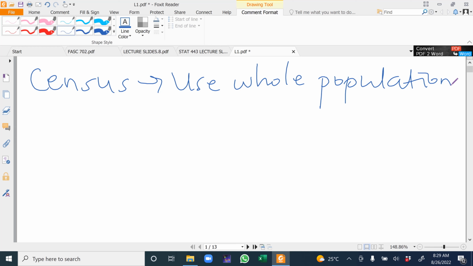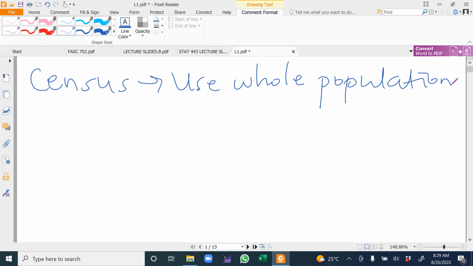However, there are scenarios under which you cannot use the whole population as is for your study, and therefore you are compelled to use a fraction of the population. Now, if you use a fraction of this population, then you are doing what we call a sample survey.